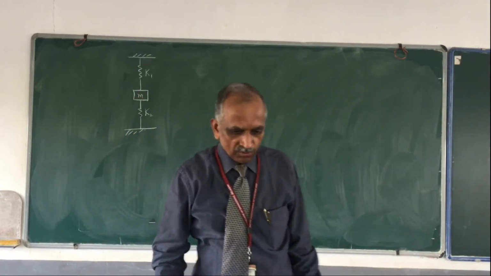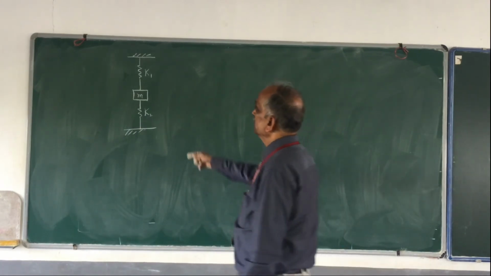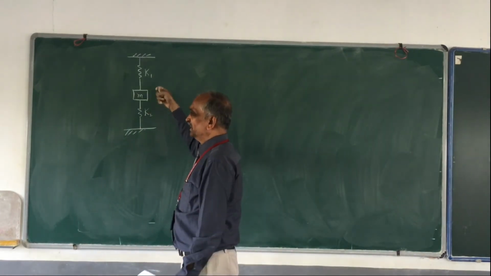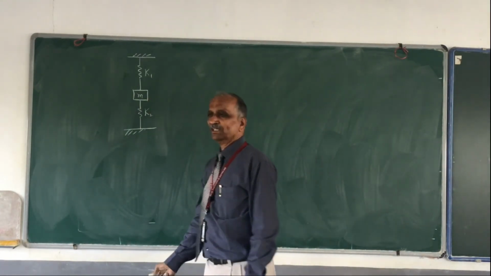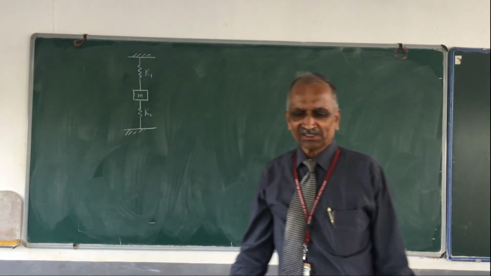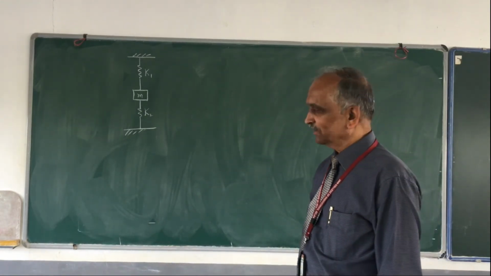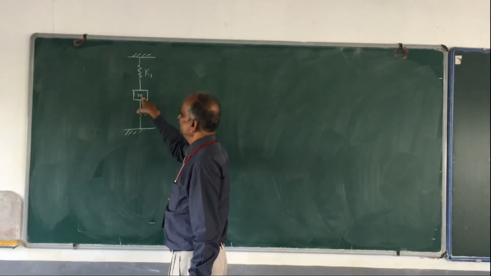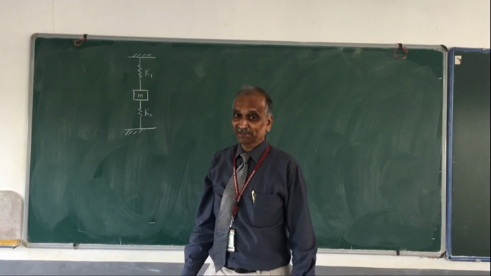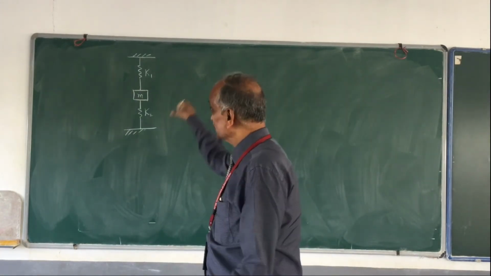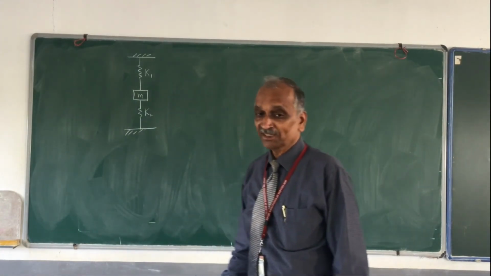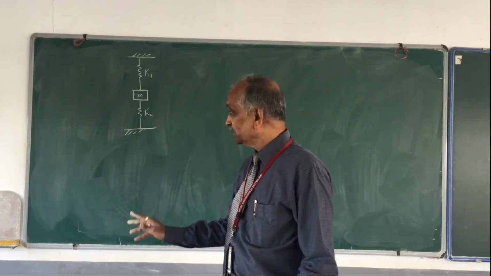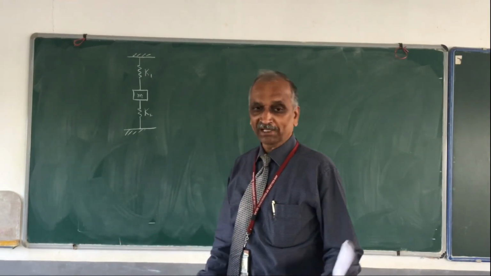Are the two springs K1 and K2 in series or in parallel? In between you don't have a continuous arrangement, you have a mass there. It looks like the springs are in series, but actually the springs are in parallel.